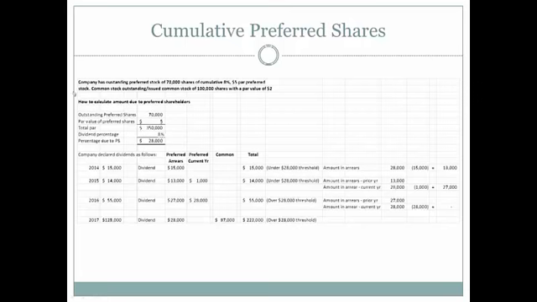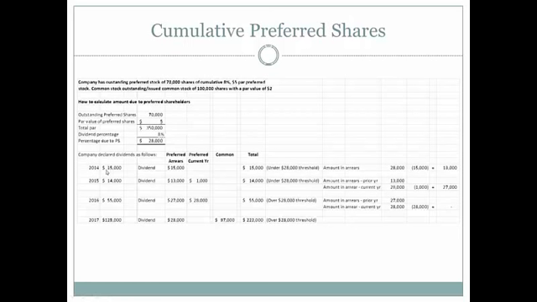Cumulative preferred shares. So we have the same scenario, and we also have the same calculation. Outstanding preferred shares, 70,000, par value 5, total par associated with preferred shares is 350,000. There's an 8% dividend that goes to those shareholders. So the dividend due to preferred shareholders is $28,000.